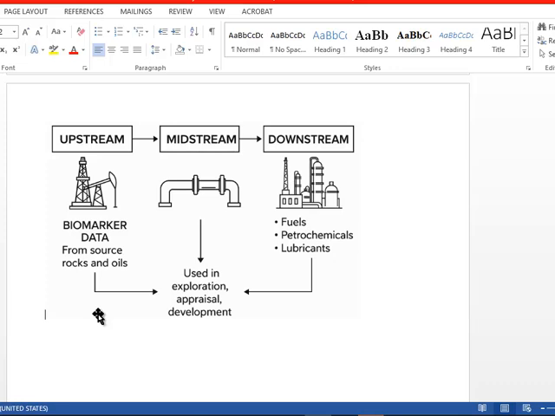So you have laying of pipelines and movement of your crude oil to the refinery. Then you have the downstream, that's the refinery and other things, the petrochemical industry and the likes. So that is how to answer these questions.